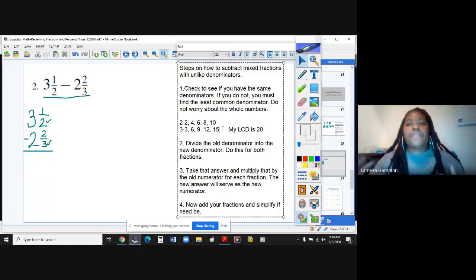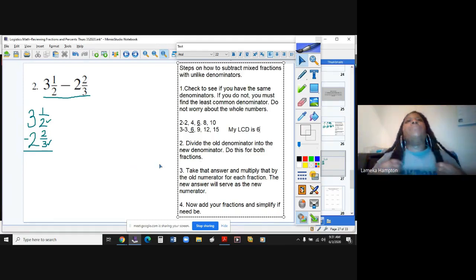So I only did the first five multiples for each number. Now, my least common denominator is going to be 6. So I am going to highlight 6 here, and I'm going to highlight 6 here. So my LCD is 6.